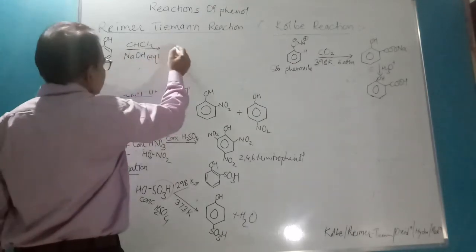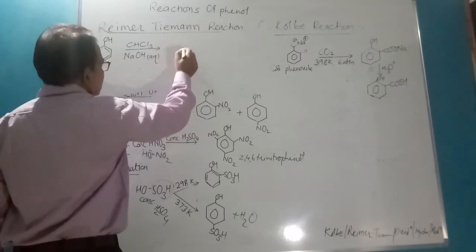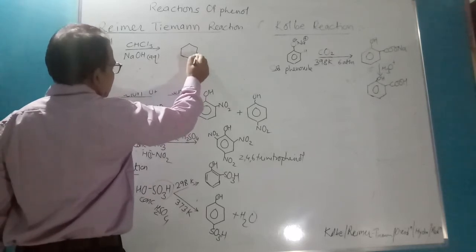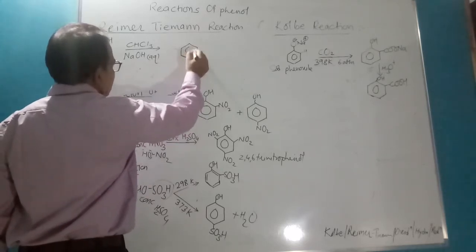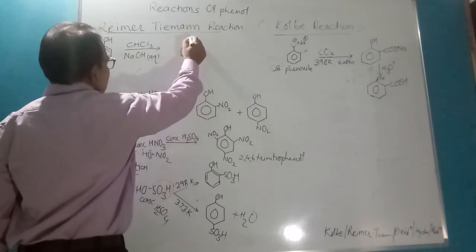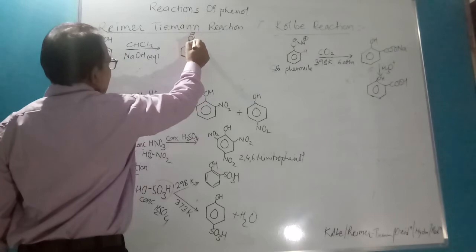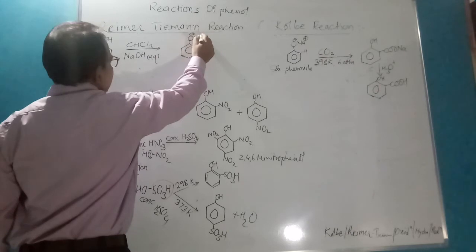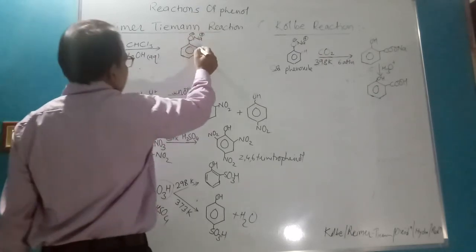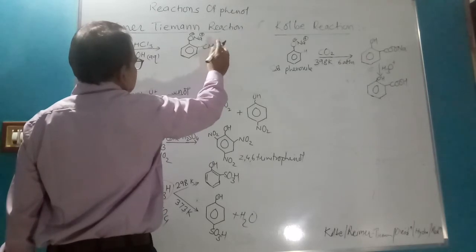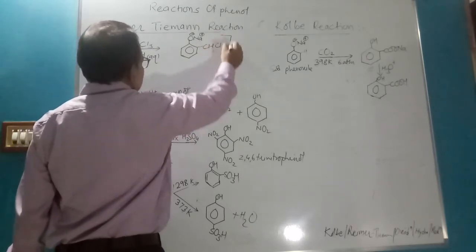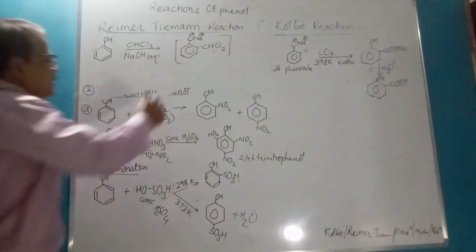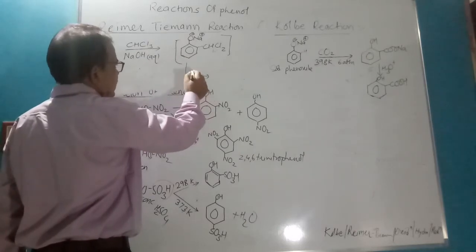It gives an intermediate product, O minus Na plus, and here CHCl2. This is the intermediate product. This intermediate product further reacts with NaOH.